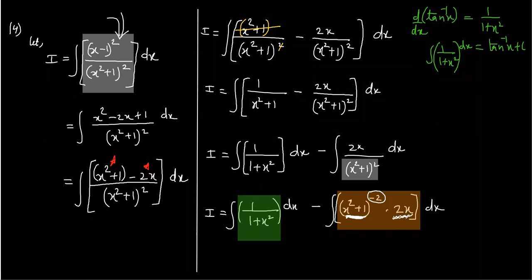Isn't 2x the derivative of x square plus 1? Derivative of x square is 2x, derivative of 1 is 0, so 2x plus 0 is 2x. So here I have f of x raised to n into f dash x dx. So using these results, I will get the answer.